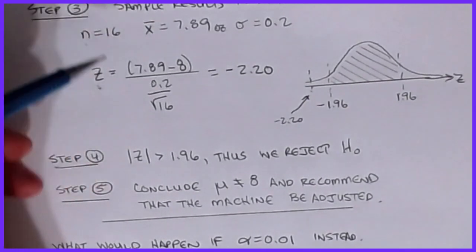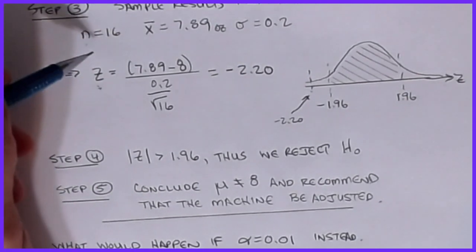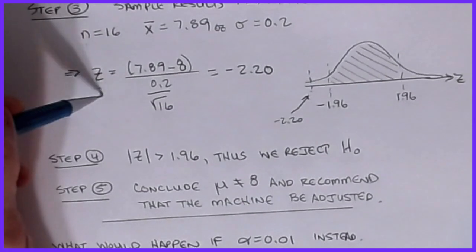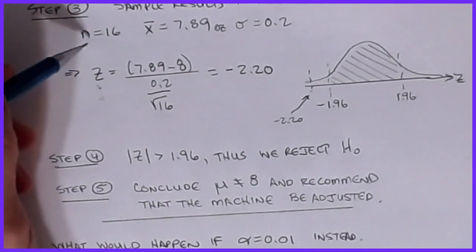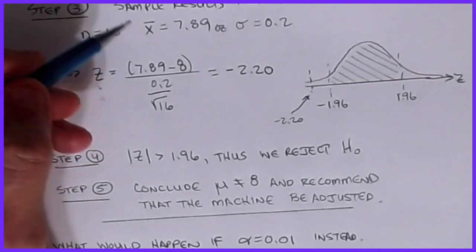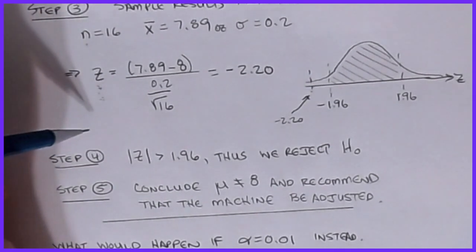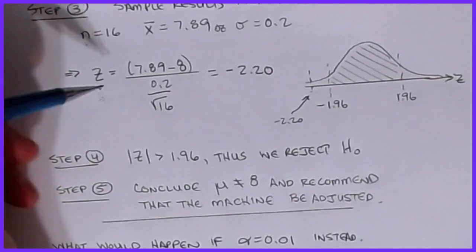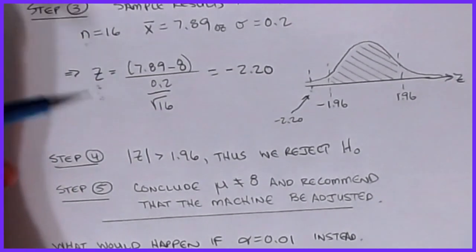If you didn't know the distribution, and n is small, this would probably become a t statistic instead for the population mean. Or if n was greater than 30, it would be considered a large sample, and I could use the central limit theorem to still use z as my value. Again, we're choosing z here because we explicitly said that it was normally distributed.